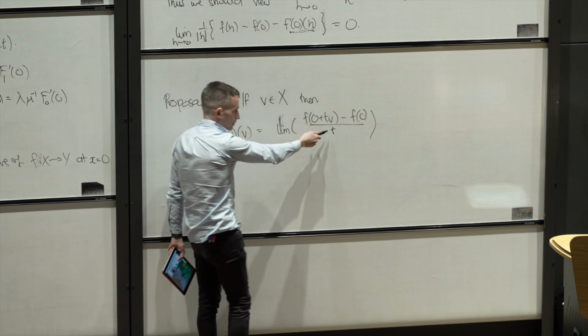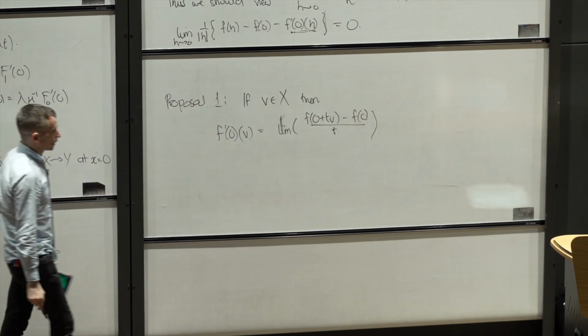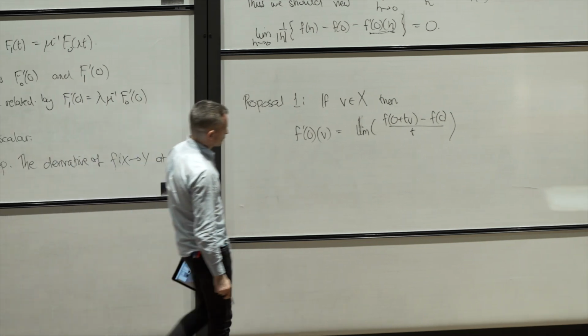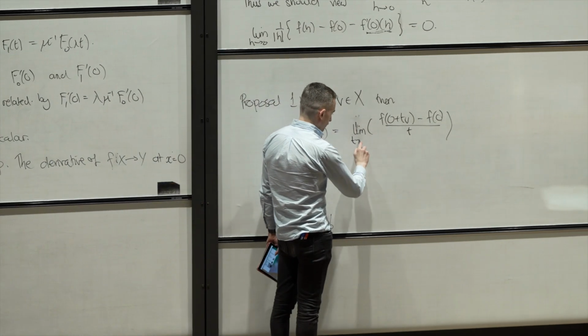And then here I'm just dividing by a scalar, so this is one way to escape from the division by vector problem, and then just take the limit as t goes to 0.